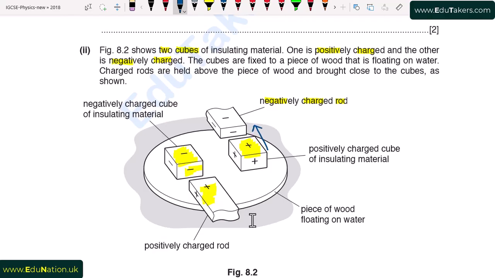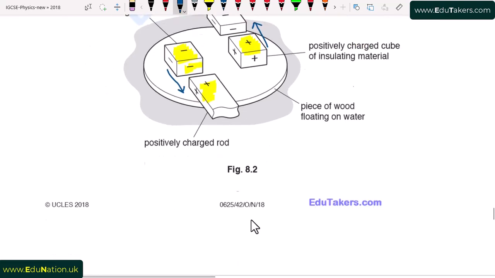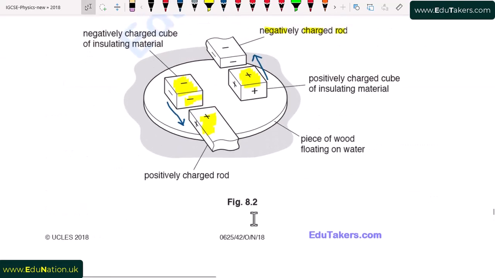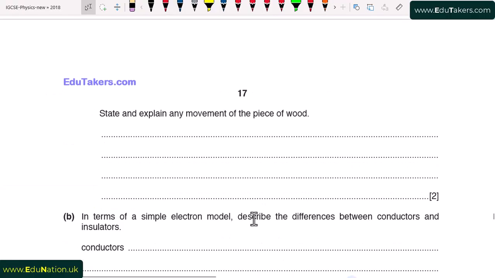This piece of wood moves towards the negatively charged rod, and this piece of wood will be attracted towards the positively charged rod. So both of these move in the opposite direction, so the wood will rotate. I write here. Here state and explain any movement of piece of wood. So in this case, the piece of wood will rotate.